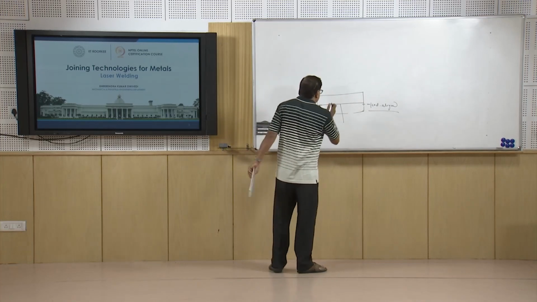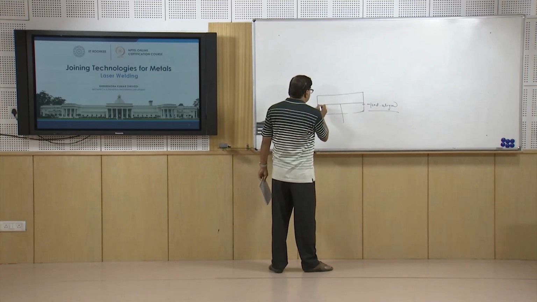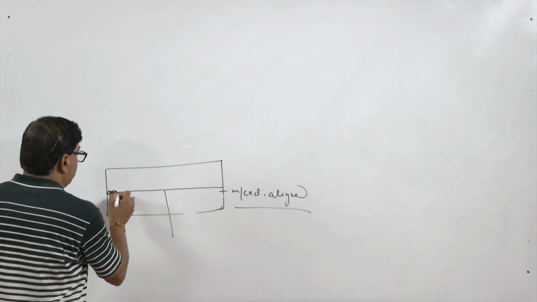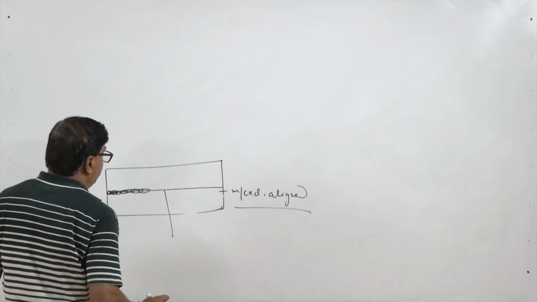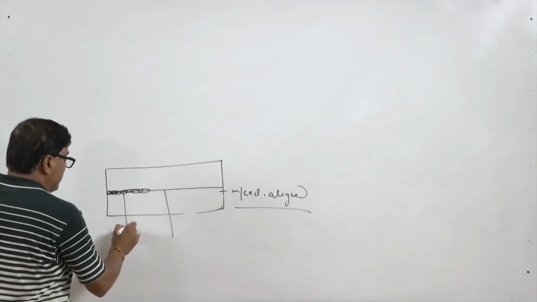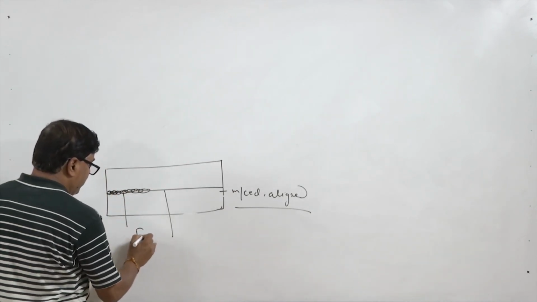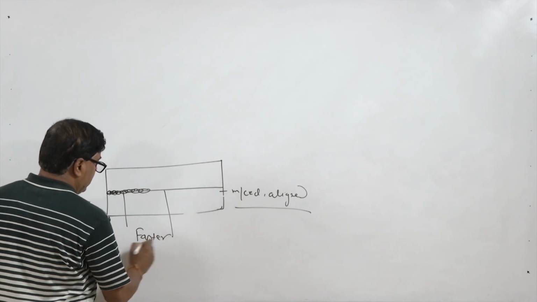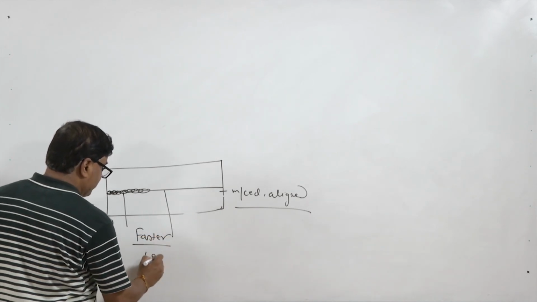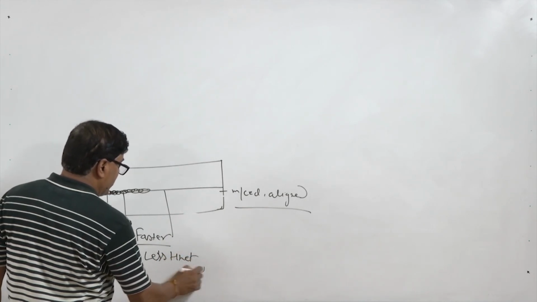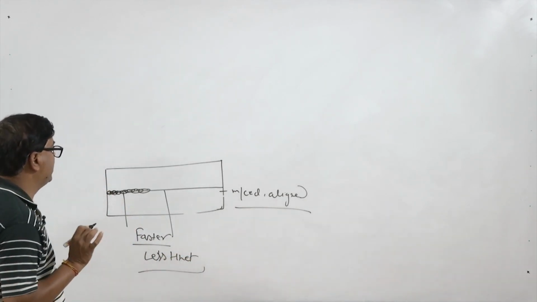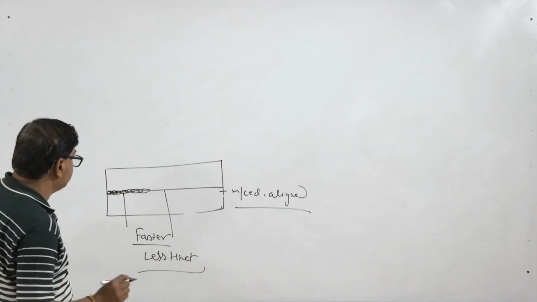Here, if the diameter is larger than the gap, then of course it will result in continuous melting of the faying surfaces, and this will be very fast melting using very little heat input. So H net is very small in case of laser welding.